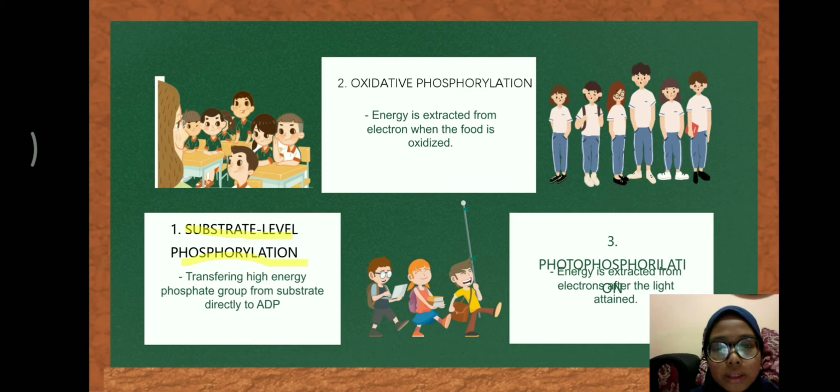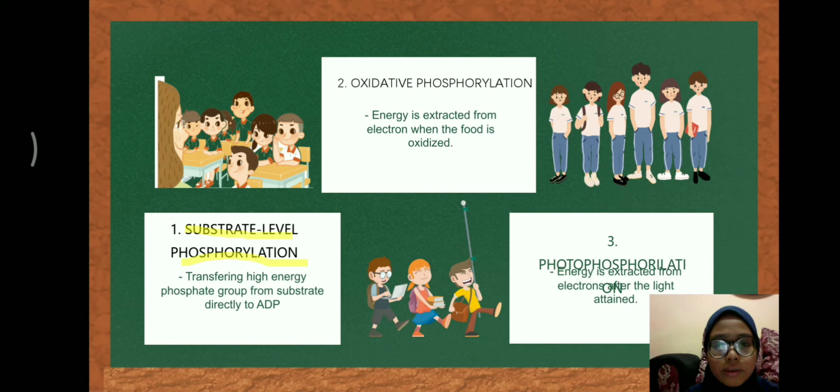In a chemical reaction, basically we will have a substrate and an enzyme. So by substrate level phosphorylation, we transfer the high energy phosphate group from the substrate directly to ADP.